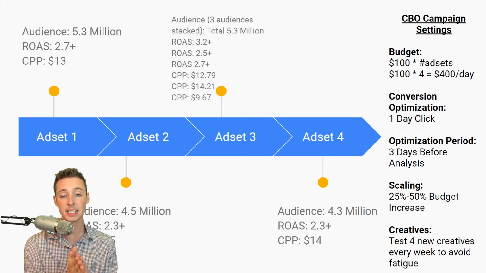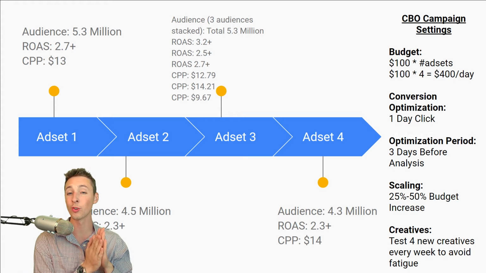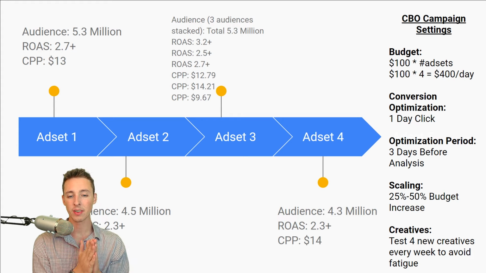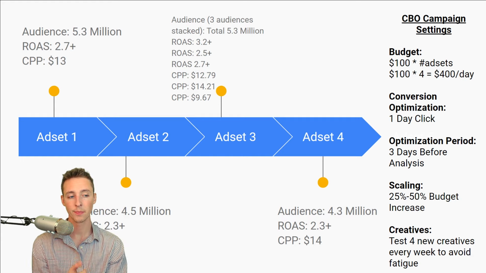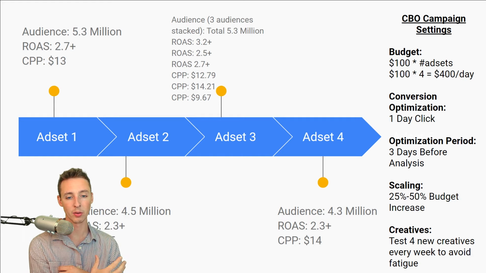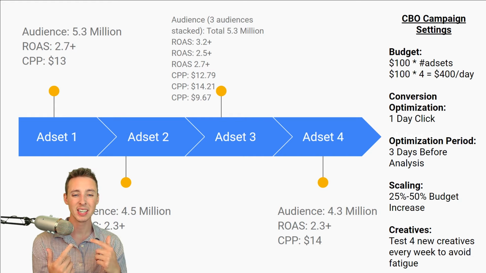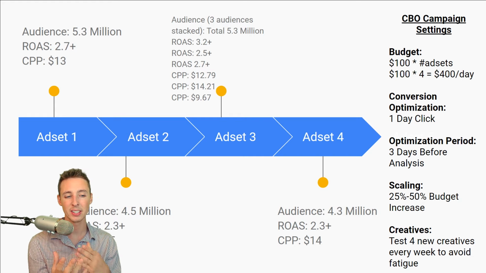And what I'm seeing is that the CBO campaign just overly spends on that huge audience. And it kind of misses out on the other opportunities the smaller ones are presenting, and it's just constantly spending on the bigger ones. So in order to get somewhat of an even ad spend and equal opportunity for each of these ad sets, I think audience size plays a huge importance.